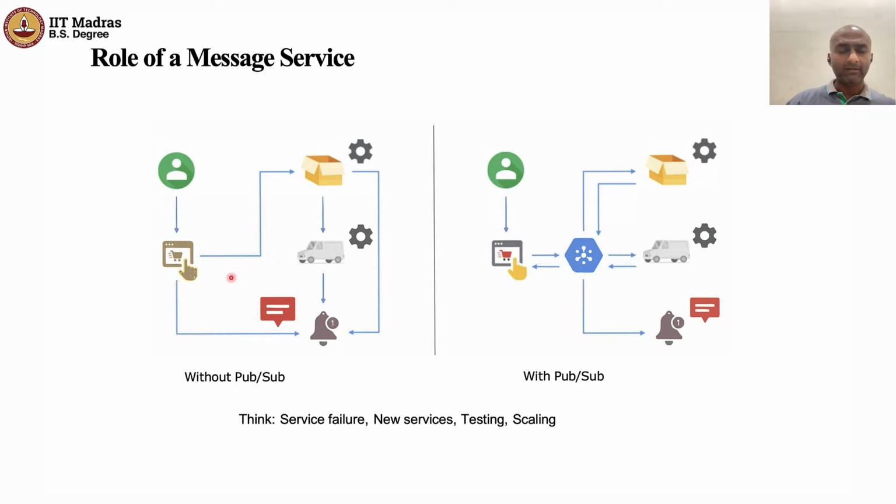So for this to happen successfully, there are lots of interactions that need to happen, right? Like for instance, the user clicking on the website to make the payment has to trigger a bunch of things, right? First trigger the packaging, which triggers the logistics, which triggers the route planning, which triggers the notification to you when the route comes close to your house, etc. Now, the role of a message bus is to completely decouple these kinds of systems.